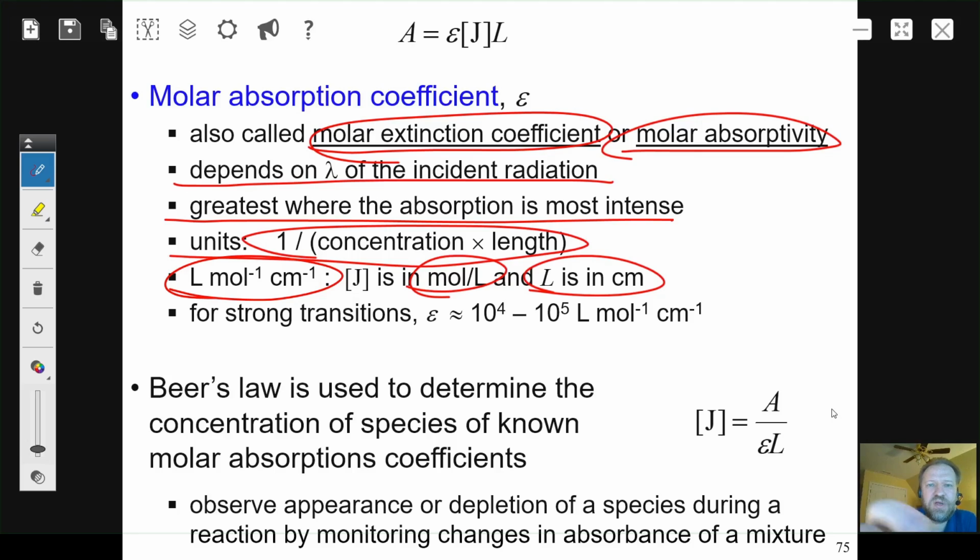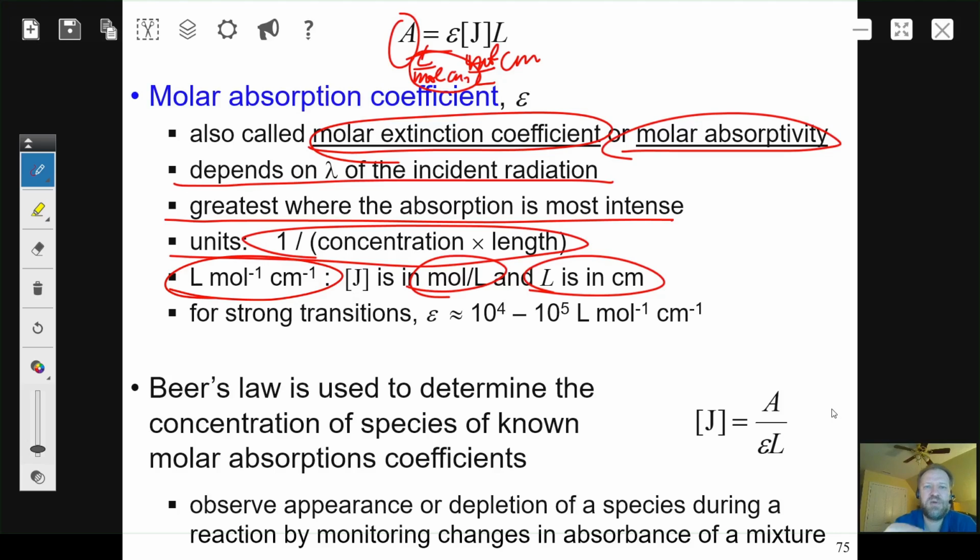That is because the absorbance is dimensionless. So again, if length is in centimeters and concentration is mole per liter, then naturally the molar absorption coefficient should have a unit that will cancel the concentration and cancel the path length.